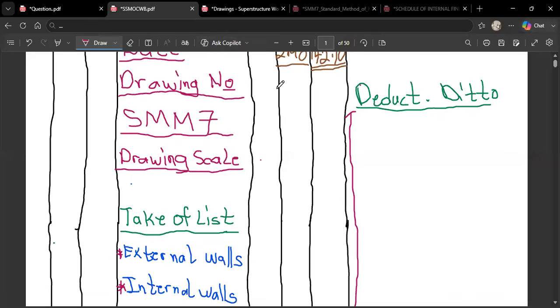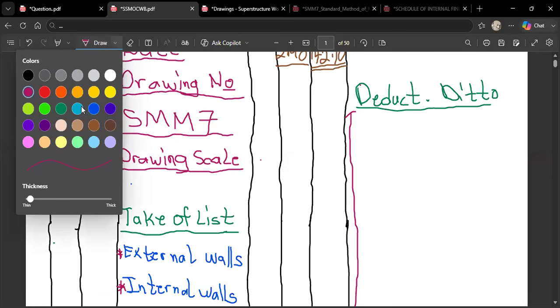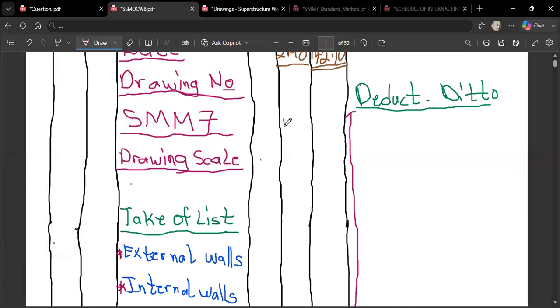So we're going to write out 49 times 0.23. So from here, I can do next.